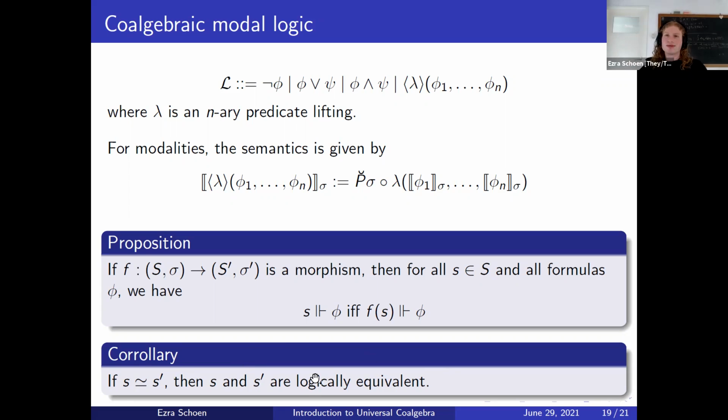Because if they are behaviorally equivalent, then we get this span here. And now by the proposition, this state is logically equivalent to this one, and this state is logically equivalent to this one. So these two states are logically equivalent. And so logical equivalence gives us an over approximation of behavioral equivalence.